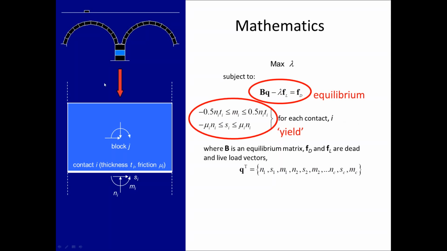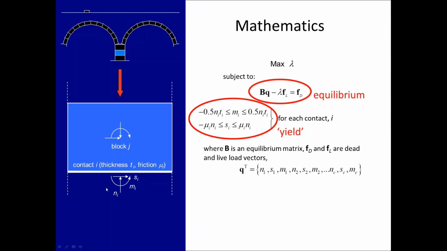So if you think about the fundamental building blocks, excuse the pun, of the model, we have blocks where we are enforcing equilibrium, so equilibrium in the x direction, the y direction, and also in the rotational sense. And then at the contacts between blocks, we have forces or stress resultants. So we have a shear force, a normal force, and a moment.